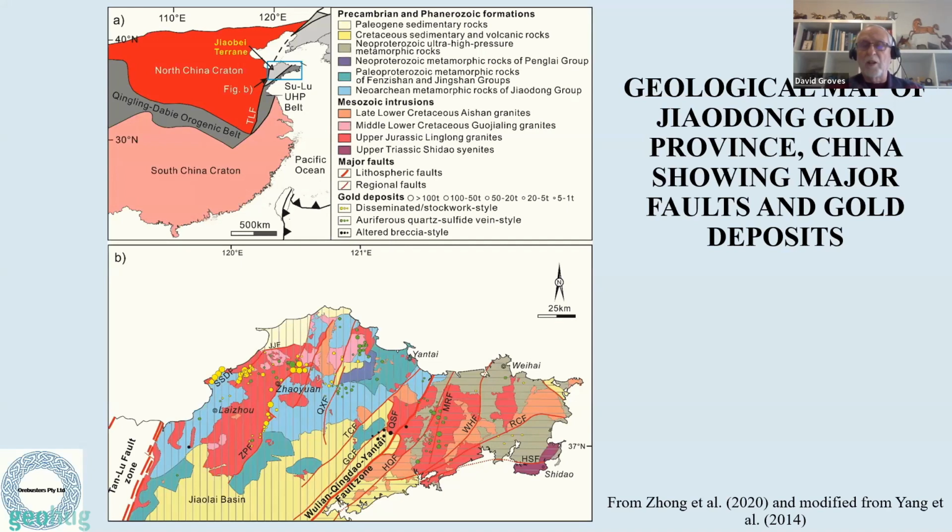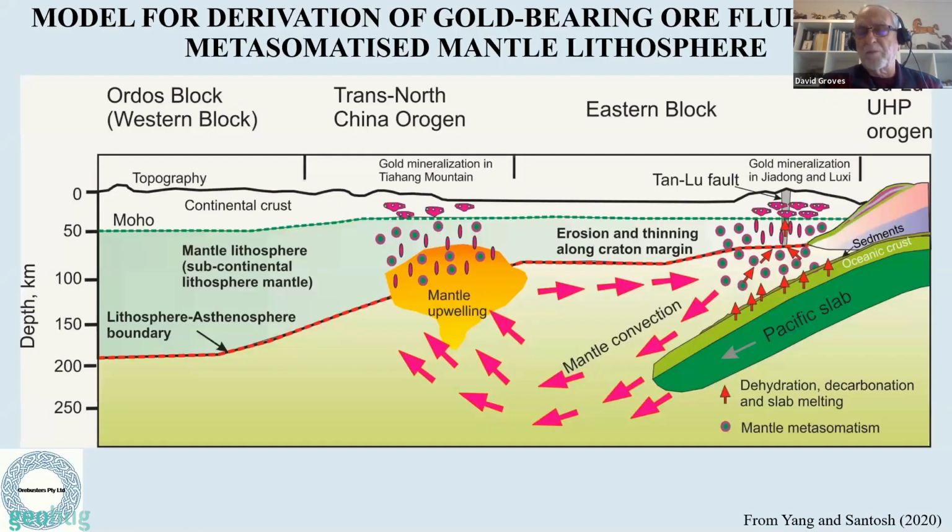And the model that I showed before is probably the model that it must apply here, almost certainly. From a whole range of isotope evidence now and platinum group element evidence, it seems like the fluid didn't directly come off the subduction zone, but it came off from metasomatized mantle that was fertilized by an earlier subduction zone.